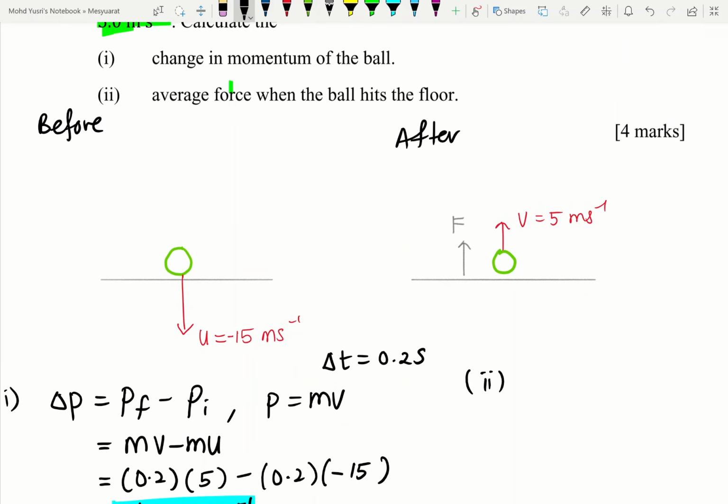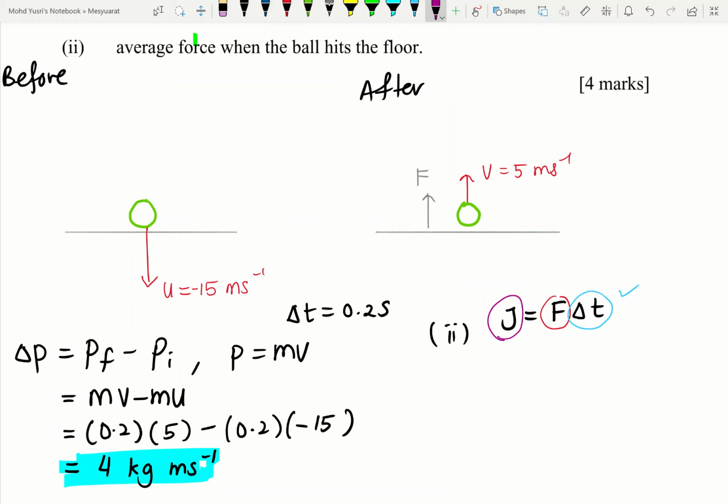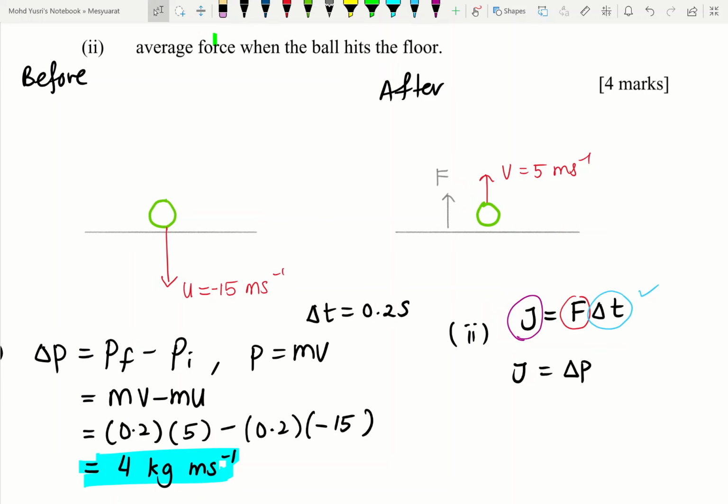Now, dalam case impulse, there are two equations. The first one is from the definition of impulse, J is equals to F delta T. Okay, so this is what we want to find. We want to find F. We already have delta T. Okay, so that's good. The other value that we need to use is impulse J. Now, another part of learning outcome 3.1 is impulse momentum theorem. According to impulse momentum theorem, impulse is equals to the change in momentum, in which we already calculated in question 3a, A1.